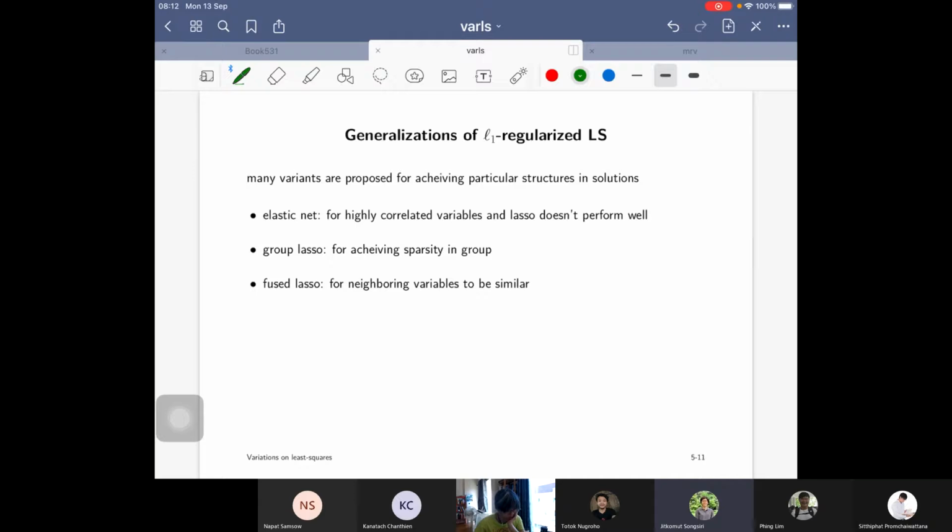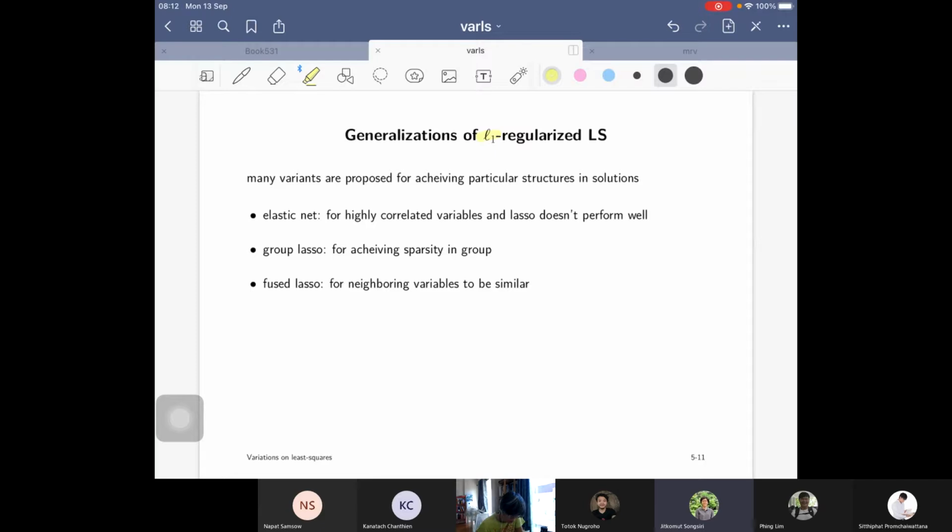This lecture will discuss the variants of L1 regularized least squares. As we see, the L1 penalty, or L1 regularization, will promote sparsity in the solution.